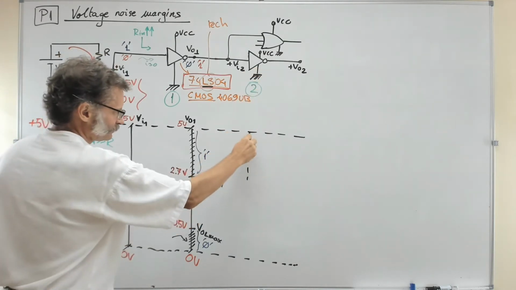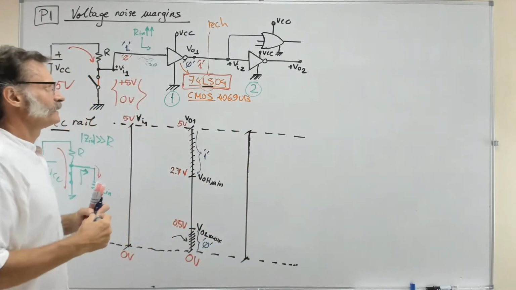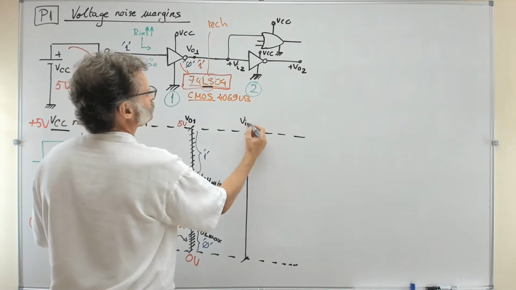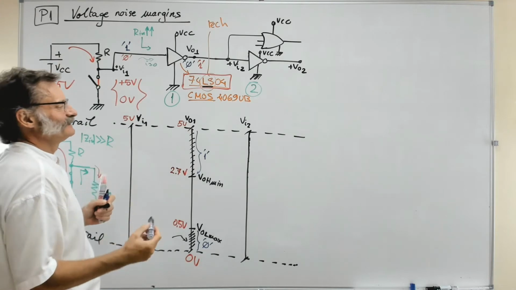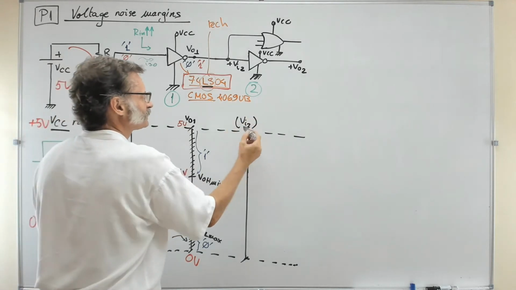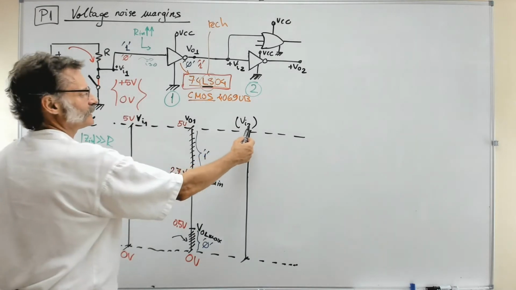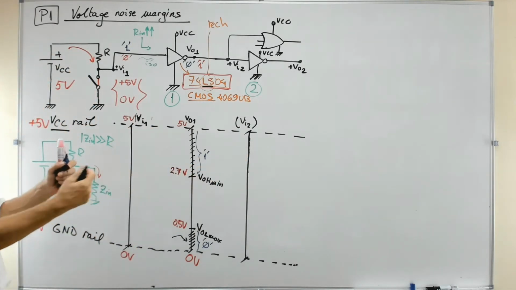You can organize another axis now, but you may suppose that this is VI2, the input characteristics associated to the VI2, which are the same as the VI1 because they belong to the same family.